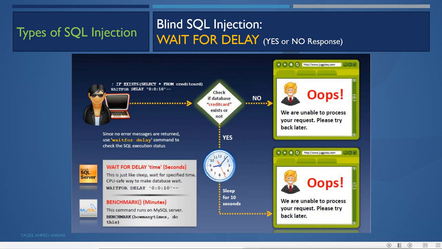Remember, whether the query is successful or not, we will always get this custom error page. So the attacker adds this wait for delay command here. What does this command do? If it exists, that means if the table is there, then it will wait for 10 seconds. It will not do anything until the 10 seconds. If it does not exist, the error comes very quickly, directly.